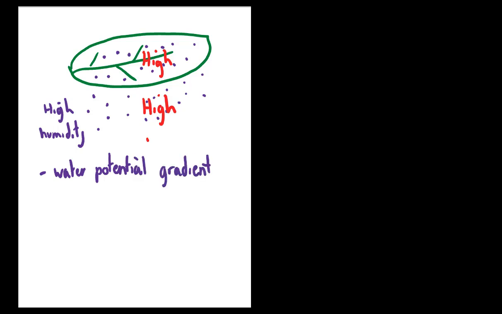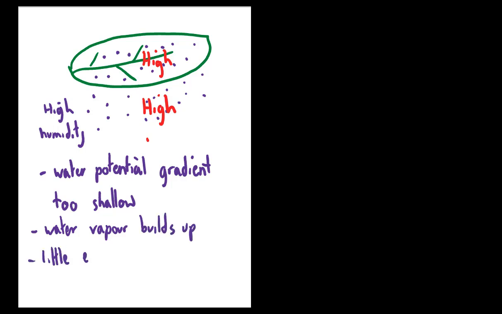This means that we have a water potential gradient which is too shallow. So therefore, the water vapour builds up outside the leaf and little evaporation takes place. And that's simply because the water potential gradient is too shallow, there's not much diffusion taking place, so there's a low rate of transpiration.